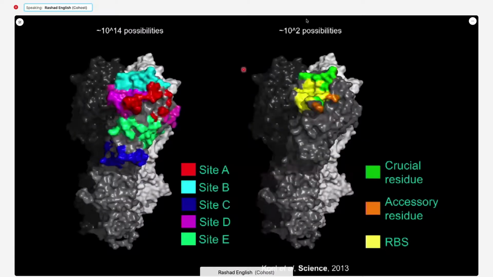One of the reasons why I mention this is because, if one is really just focusing on the region of the receptor binding site, this massively reduces the area that one needs to explore computationally and experimentally to figure out what the virus might do next, or what advantage one virus might have over another among those that are extant and circulating, and trying to estimate which might take over.